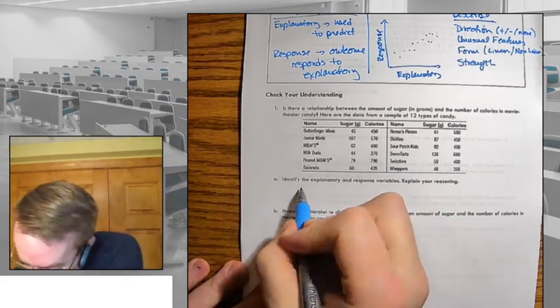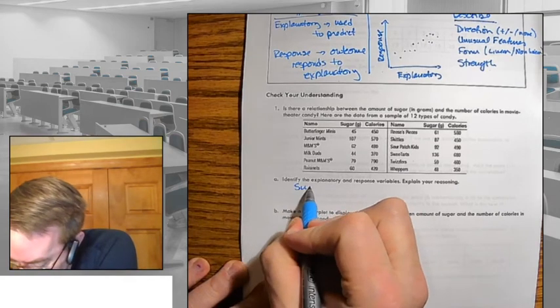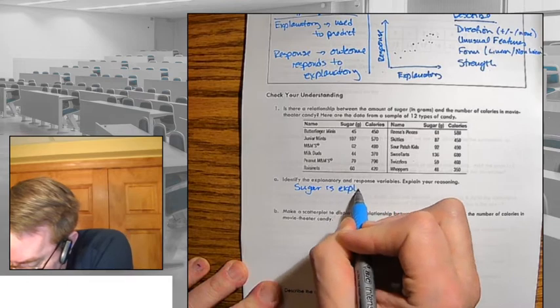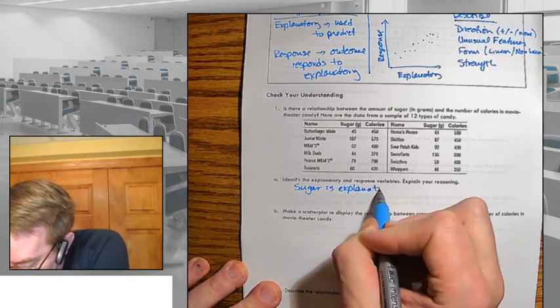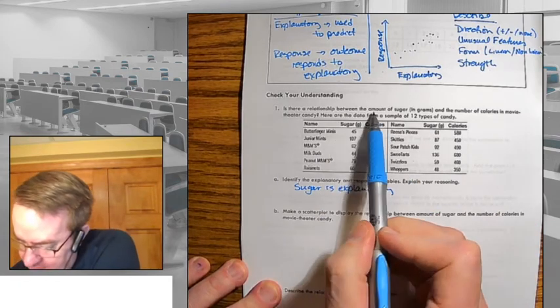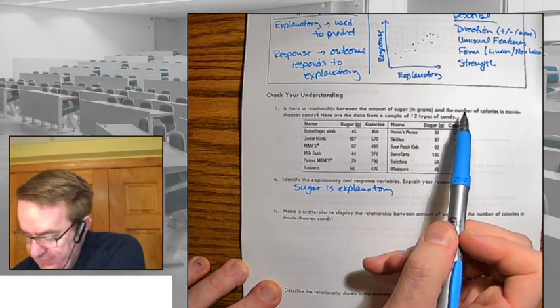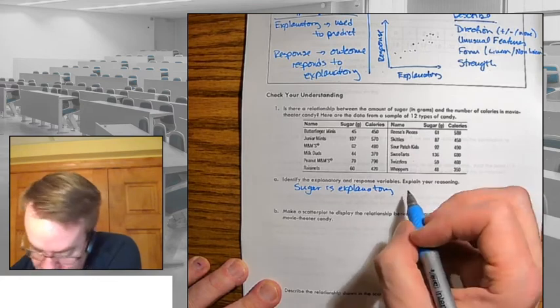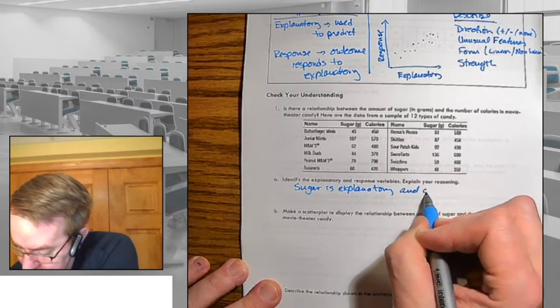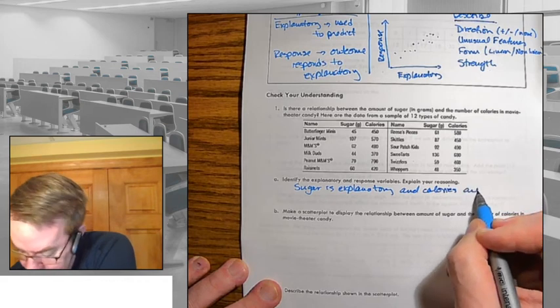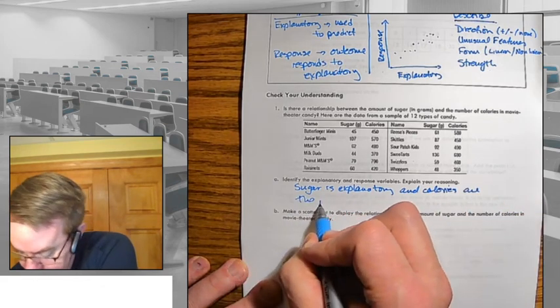So, in this case, sugar is the explanatory variable. Why? Because we are hypothesizing, as the amount of sugar goes up, what happens to the number of calories? And calories are the response.